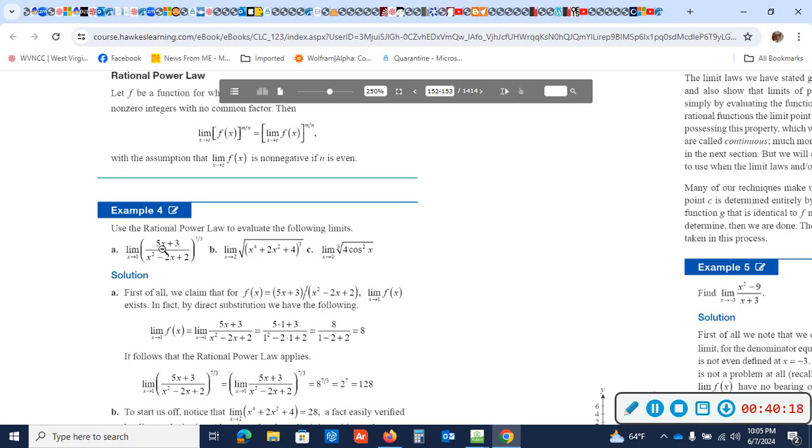This is a polynomial divided by a polynomial, so the limit when x approaches 1 of this is going to be the same as what you get if you plug in that value. The limit means something different, but the value ends up being just the same number as what you get if you plug in that value. And then raising that to the 7/3 power gives me this.